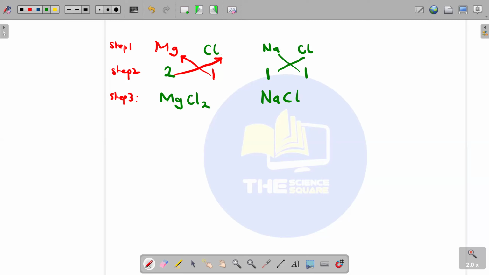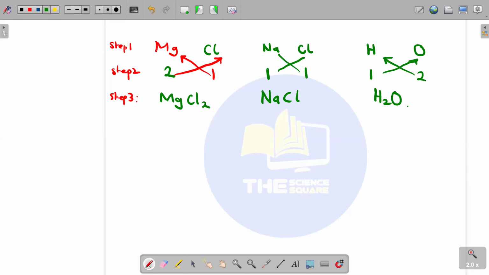Okay. How about, let's look at the combination of hydrogen and oxygen. Hydrogen, for the formation of water, hydrogen has a combining power of 1. And if you check the table, you see oxygen has a combining power of 2. So in this case, we also exchange it so that we have what? H2O. H2O.